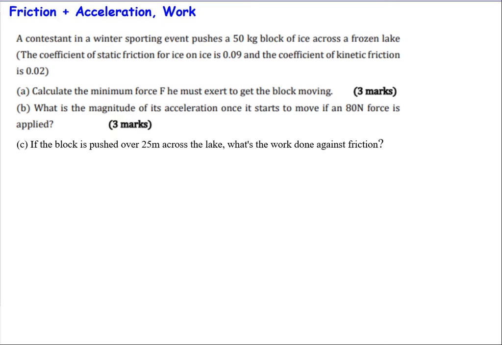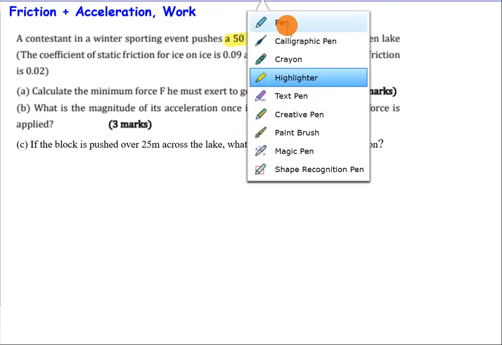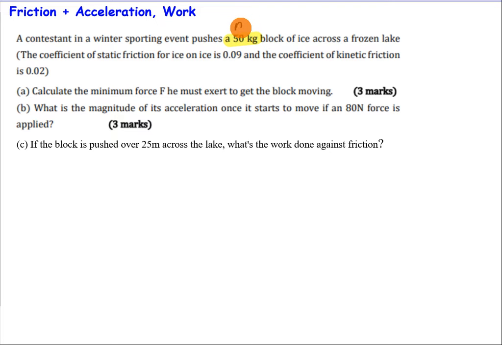A contestant in a winter sporting event pushes a 50 kg block of ice across a frozen lake. So the first number here is a mass quantity, so I'll put m next to it. Next bit says the coefficient of static friction of ice on ice is 0.09 and the coefficient of kinetic friction is 0.02.